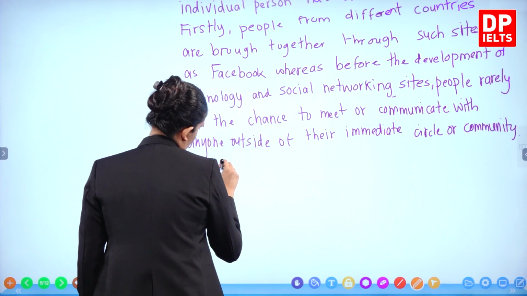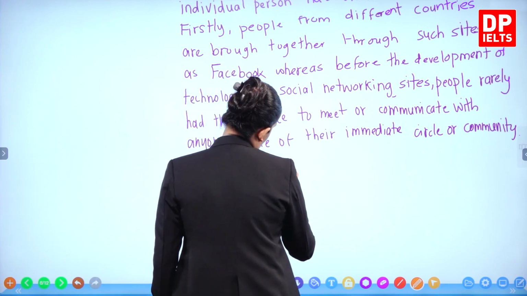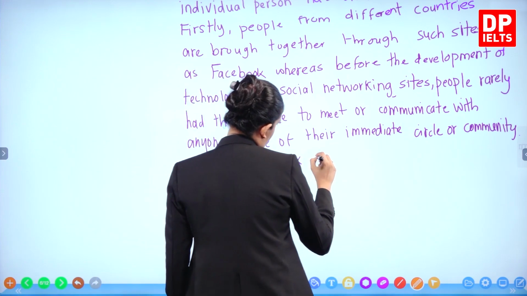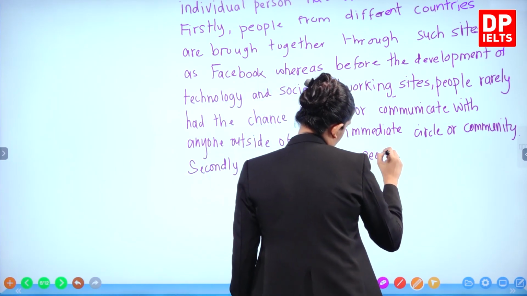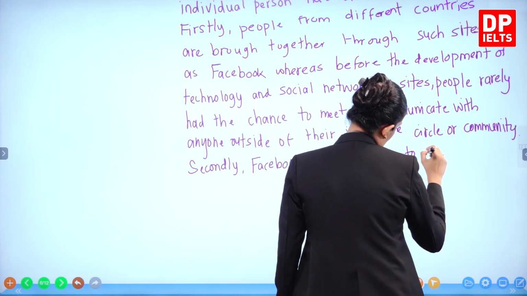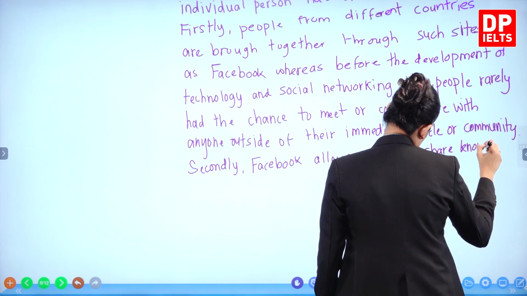Secondly, Facebook allows people to share knowledge.